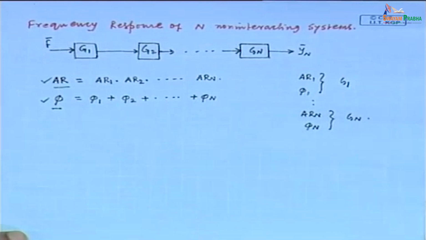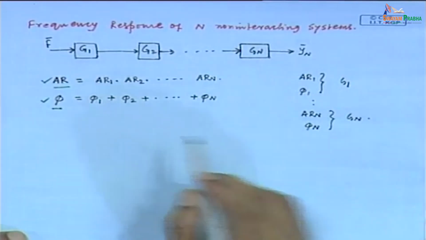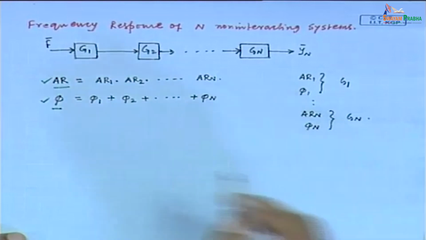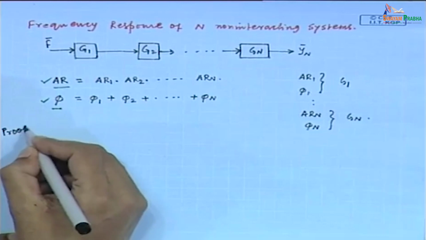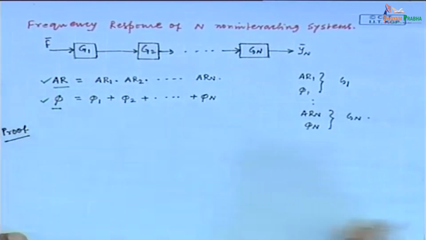Now, we will prove these two correlations. We will try to find the overall amplitude ratio and phi.